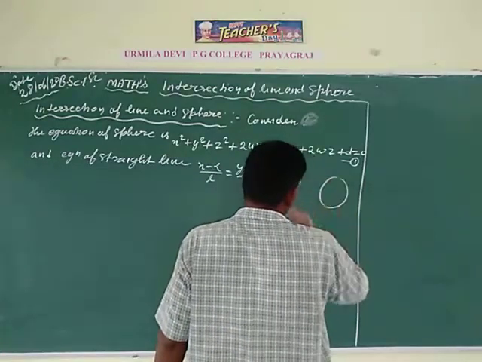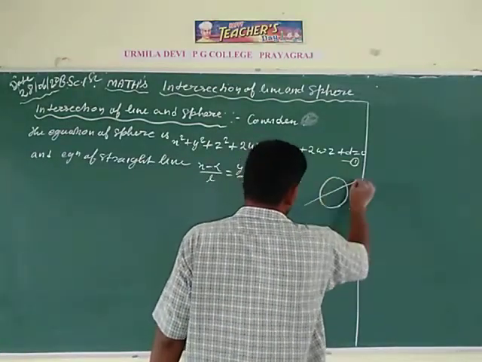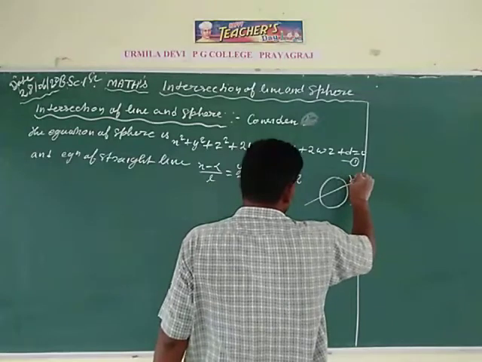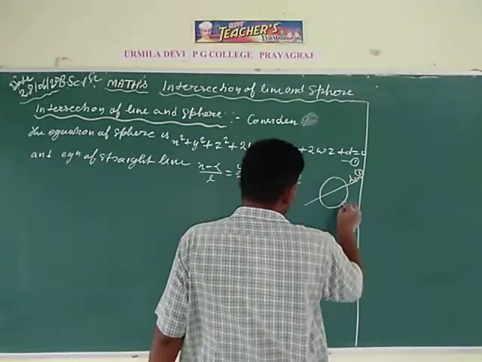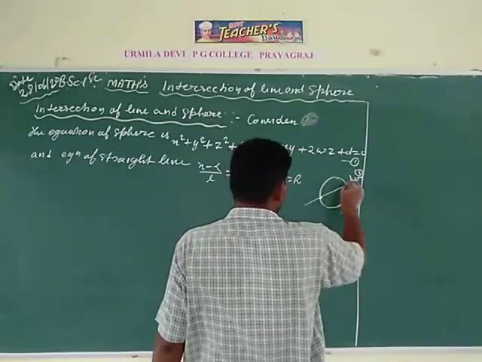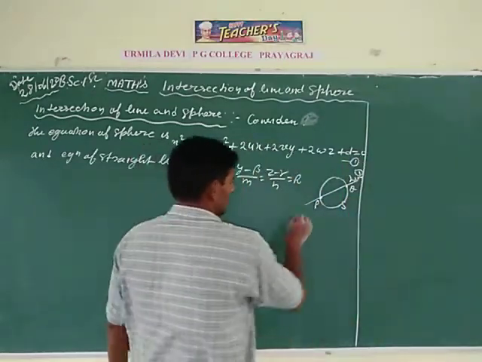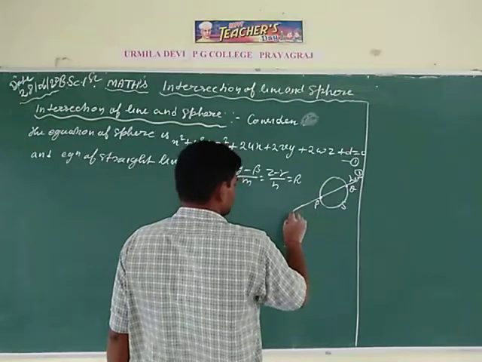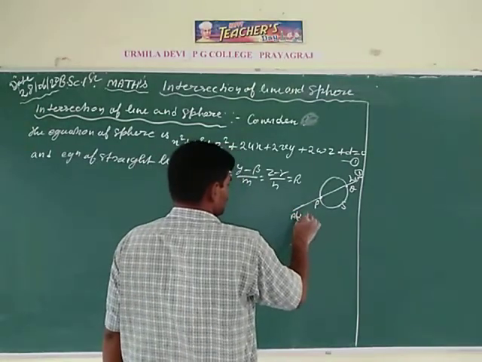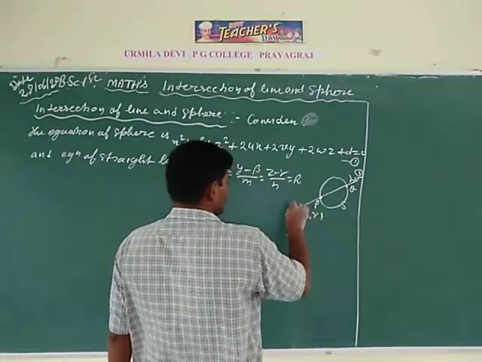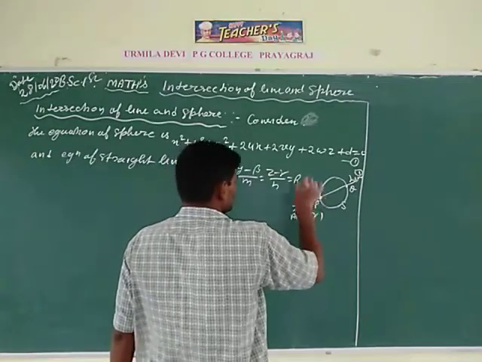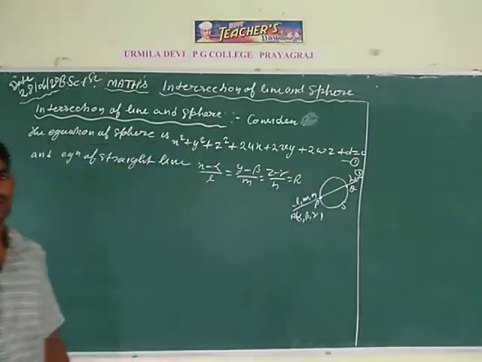Suppose this is the sphere and this is the straight line. The intersecting points are denoted by capital P and capital Q. And on this line consider a point A whose coordinates are alpha, beta and gamma, and the direction cosines of this line are l, m, n.